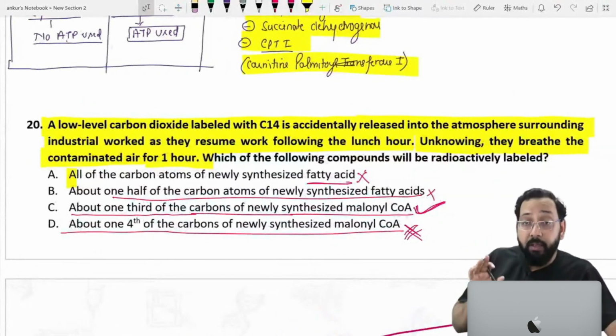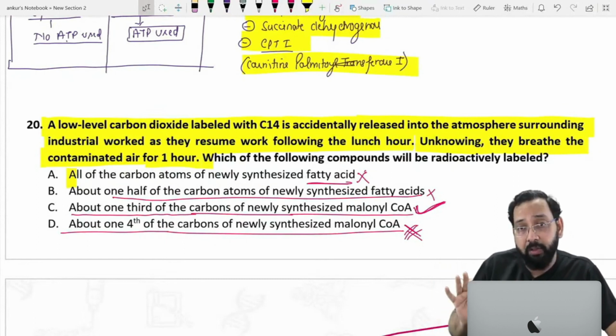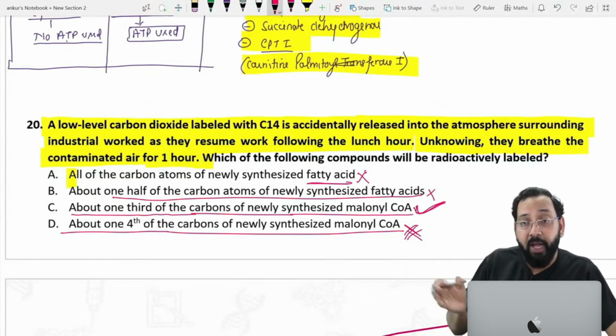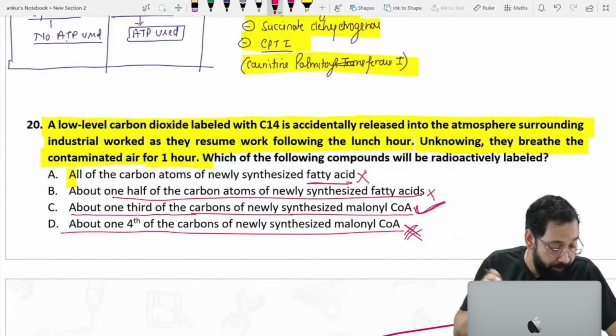Industrial workers were doing their work after the lunch hour. After lunch, we are in the fed state. I told you extra carbohydrate is converted to fat, and after lunch, carbon dioxide was accidentally released which had radioactive carbon.